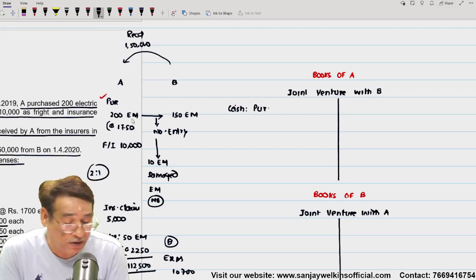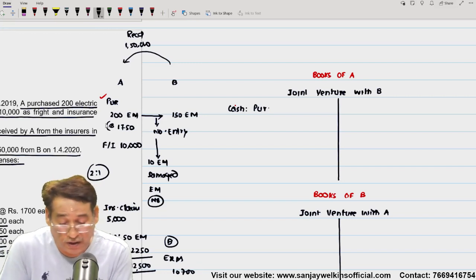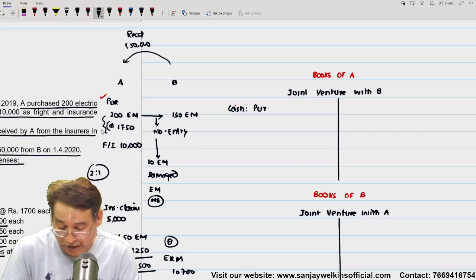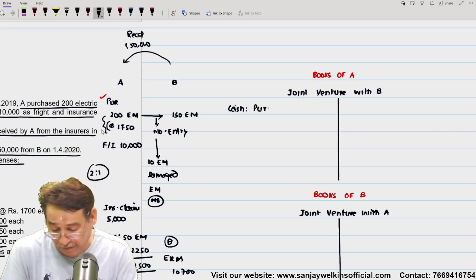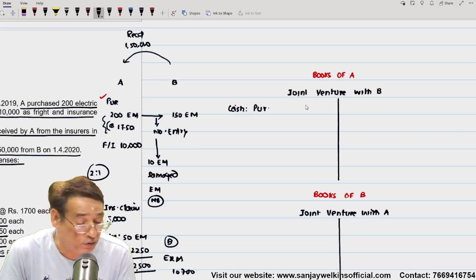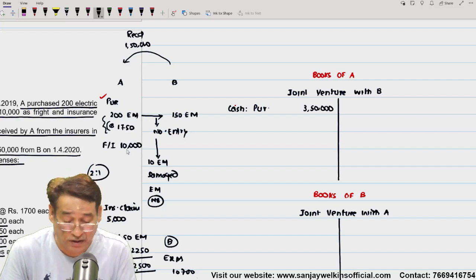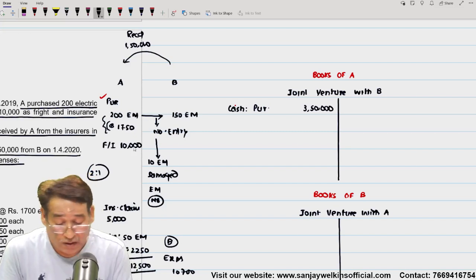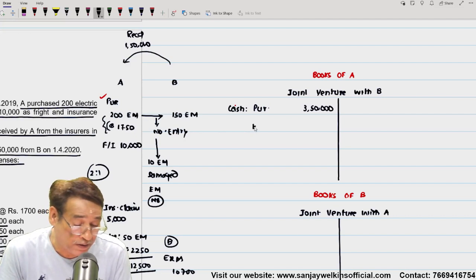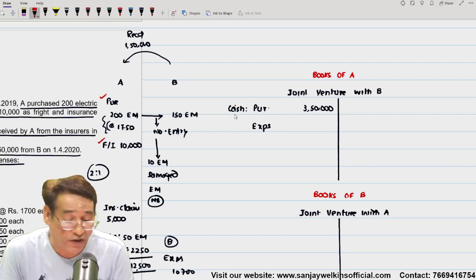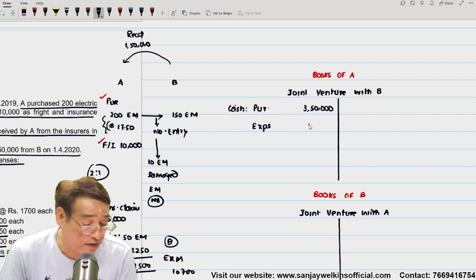As far as purchases are concerned, 200 into 1750. 200 motors he has purchased, 200 into 1750. That is equal to 3,50,000. Only A will record this transaction, 3,50,000, correct? Further, he has incurred some expenses, on freight and insurance, correct? That is equal to 10,000.